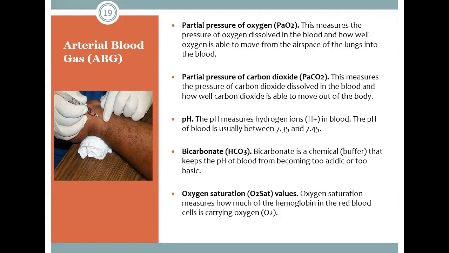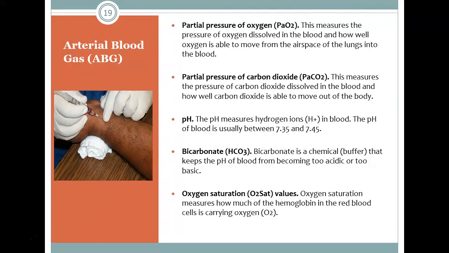Third is the pH, and we're literally measuring the hydrogen ions in the blood. We, of course, want this to be between 7.35 and 7.45. Fourth is our bicarbonate, or HCO3 level. Bicarb is a chemical buffer that keeps the pH from becoming too acidic or too basic.